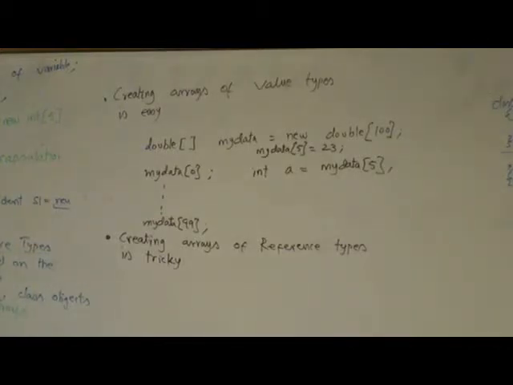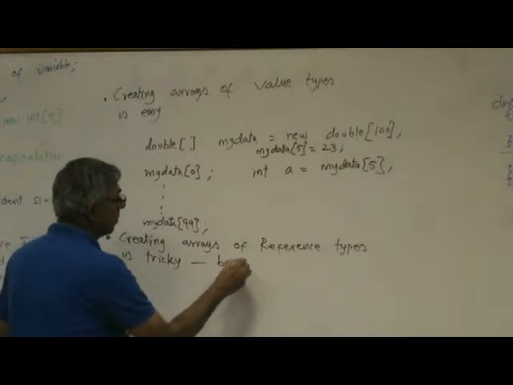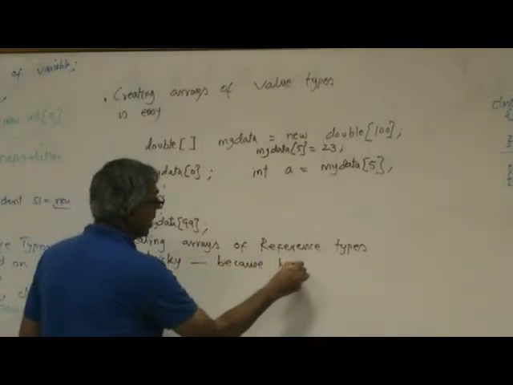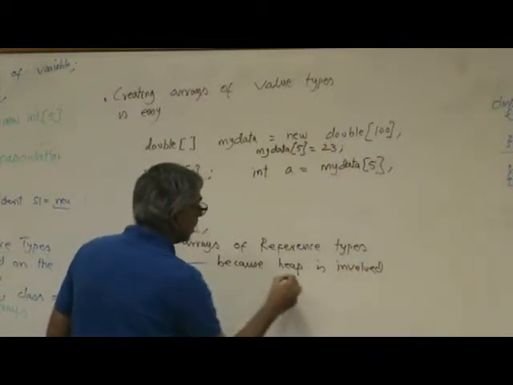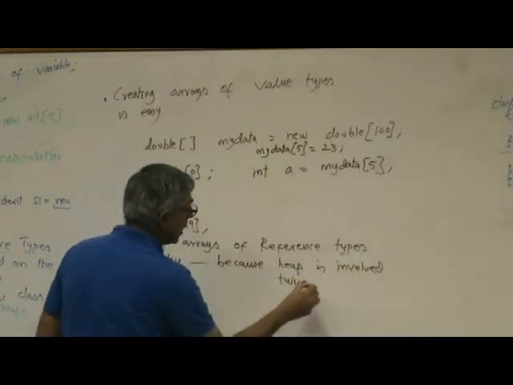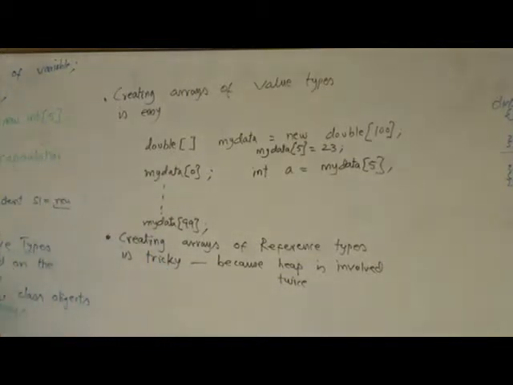Why do we say it's tricky? Once again, because the heap is involved twice. Let's clarify it again. Let's pretend you wanted to create an array of 5,000 students.